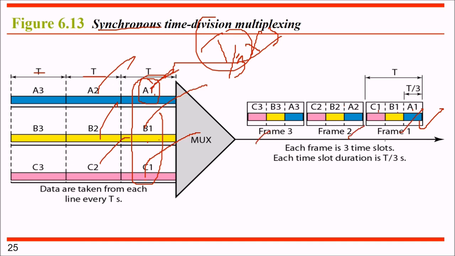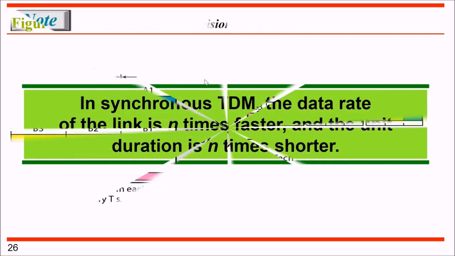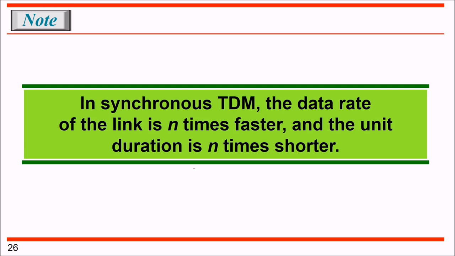Each frame is 3 time slots, and each time slot duration is t by 3. This is synchronous because they are synchronized. You cannot have A1, then B2, then C3, only synchronous is allowed. So in synchronous TDM, the data rate of the link is n times faster and the unit duration is n times shorter, as you have just seen.